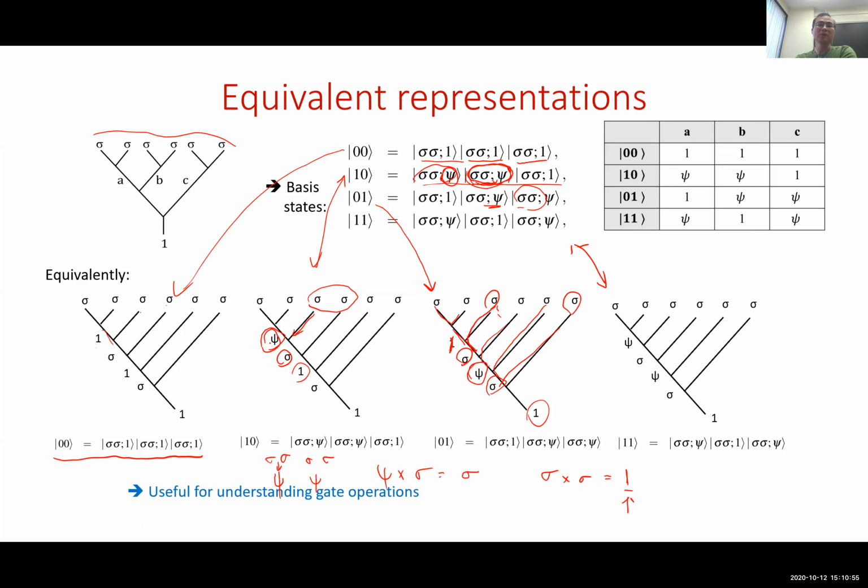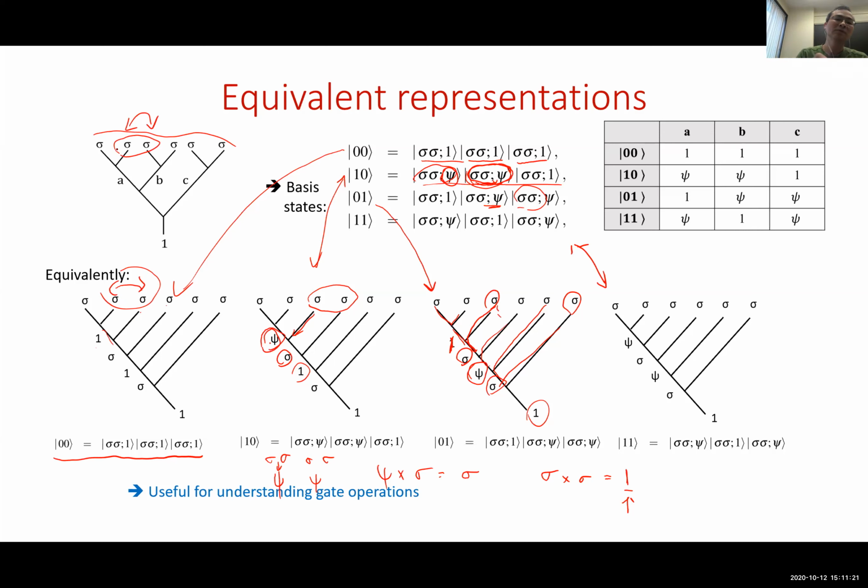Okay, but why do I want to mention this? Because using this it is easy to understand the gate operation. Okay, so the reason is that, remember, if we want to braid the second and third using this picture, we cannot directly braid them.